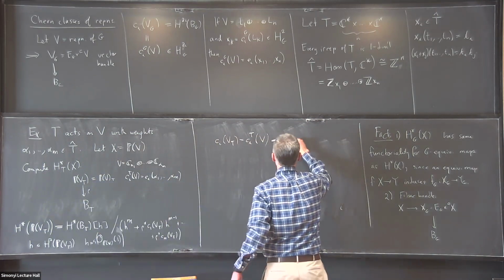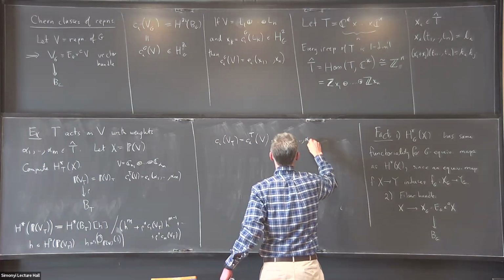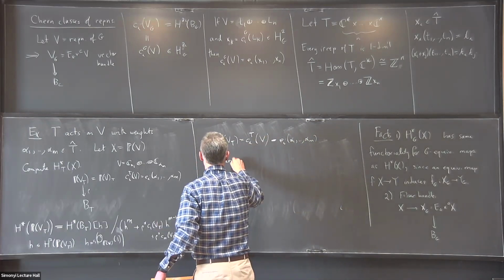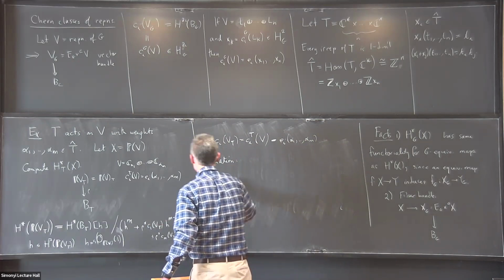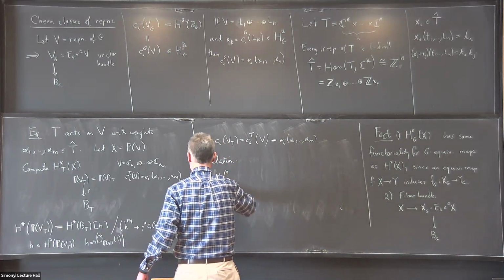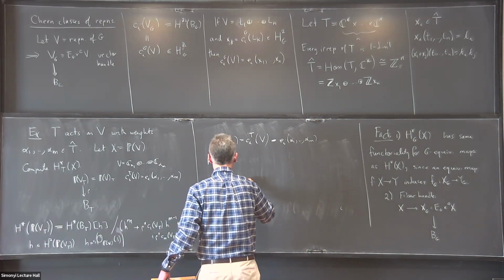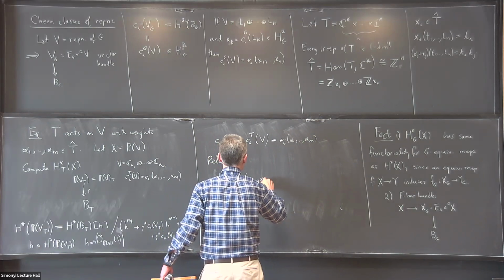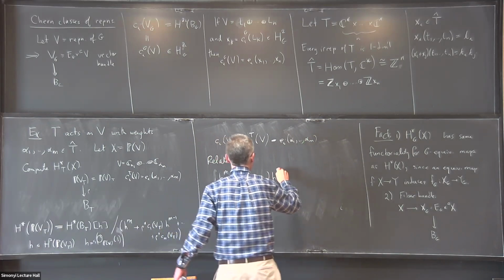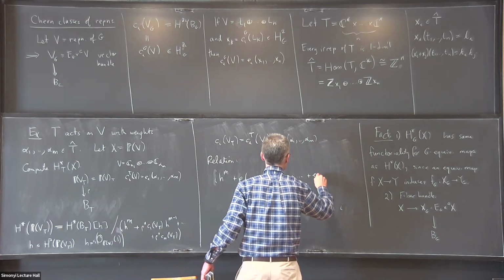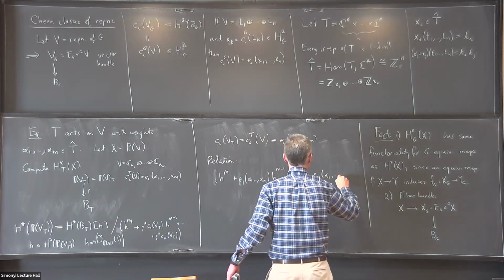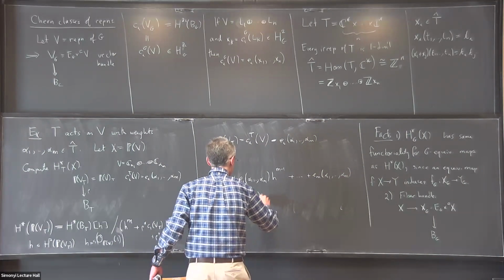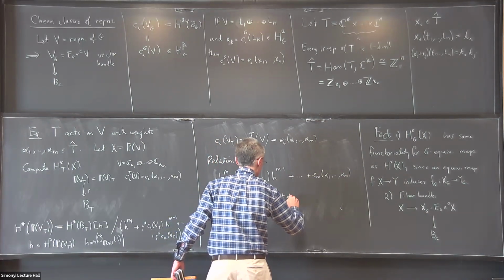This is just Ei of alpha 1 up to alpha m. So we can write the relation here. If I suppress the rho stars, this is H to the m plus E1 of alpha 1 to alpha m times H to the m minus 1, plus and so on, plus Em of alpha 1 to alpha m, which of course just factors as H plus alpha 1 up to H plus alpha m.